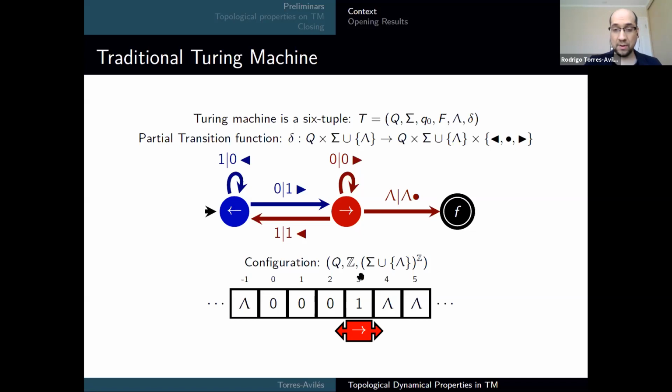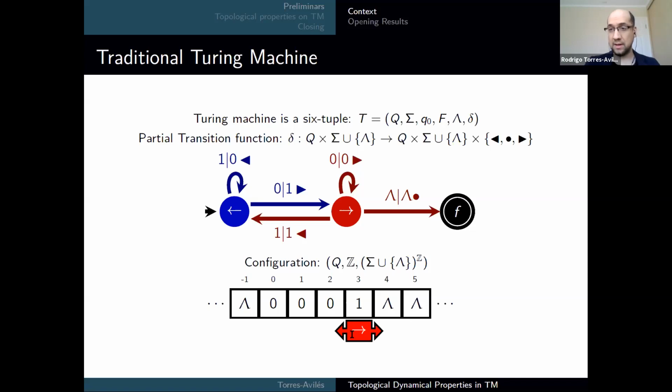And for example, here, we have the full one-dimensional grid, with a special element that is the head, pointing to one cell in particular, and it works in the following way.